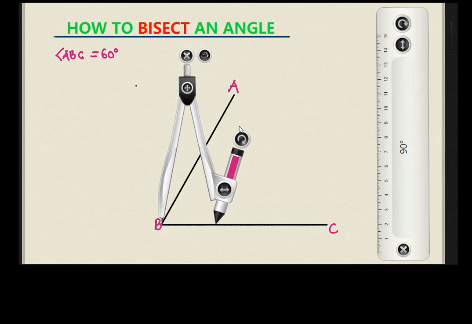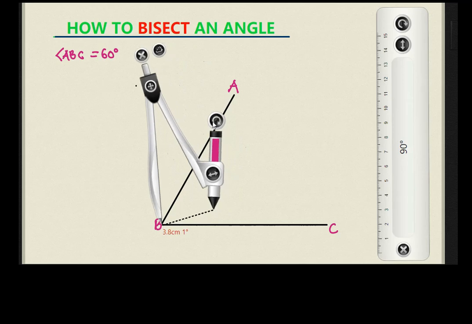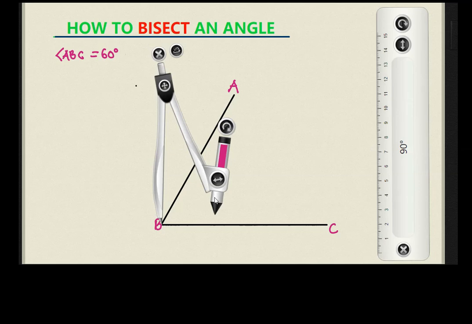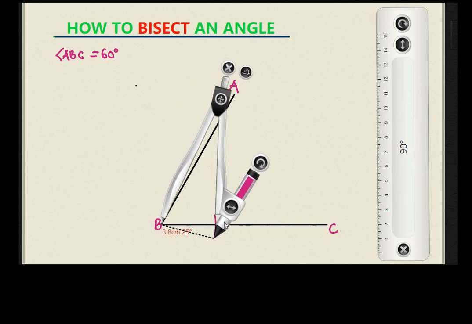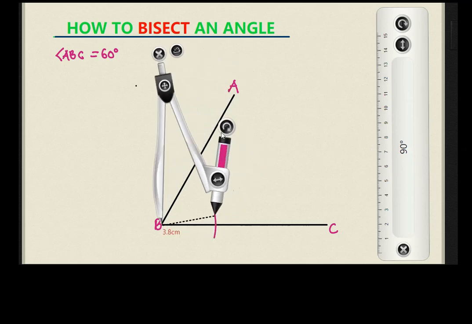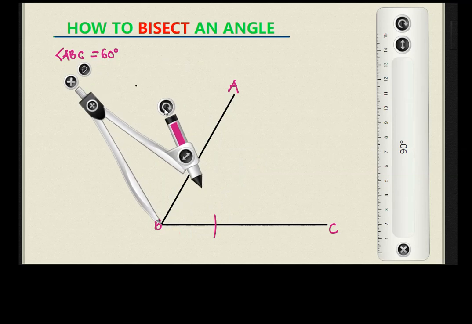After I've done that, I can make an arc on line BC. I'll make just a small arc like this on BC, and also without changing the radius, while maintaining that radius, I'll make another arc on line AB.